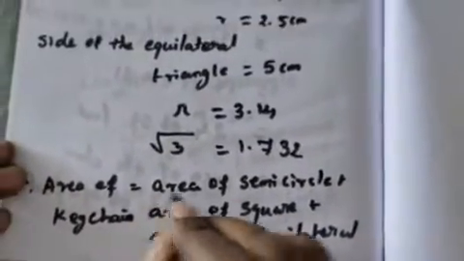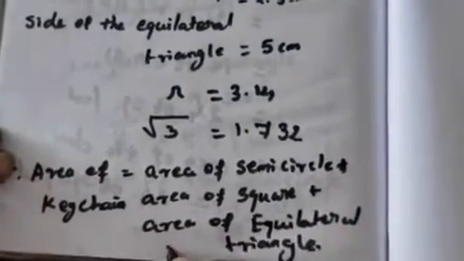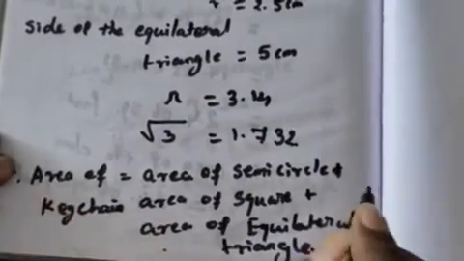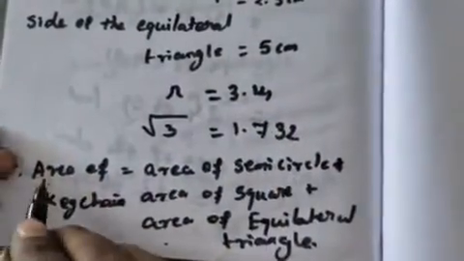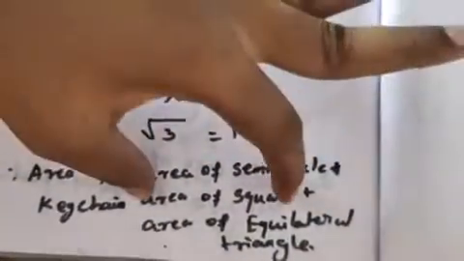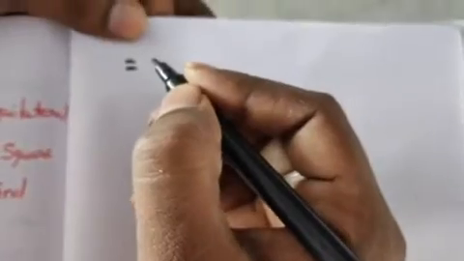We need to find the area of the semicircle, the area of the square, then the area of the equilateral triangle. Finally, we add them. Therefore, here we are going to use the formula for area of semicircle, area of square, and area of equilateral triangle.